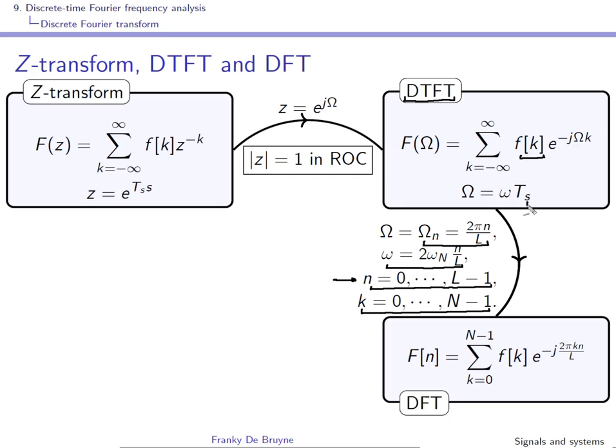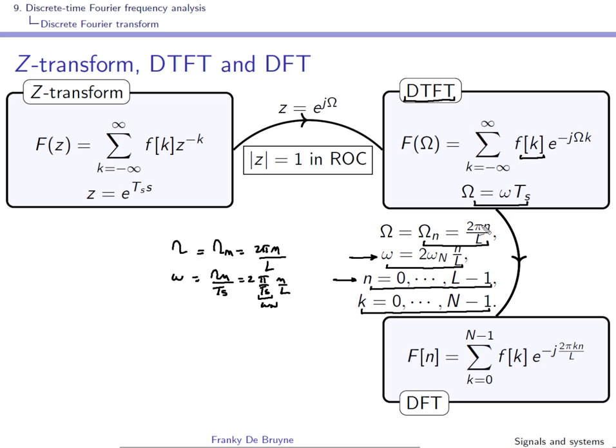This is simply obtained by this relation: since omega n is 2 pi n over L, our analog frequency will be omega n divided by Ts, so this will be 2 pi n over L Ts. This is how we obtain this relation over here.